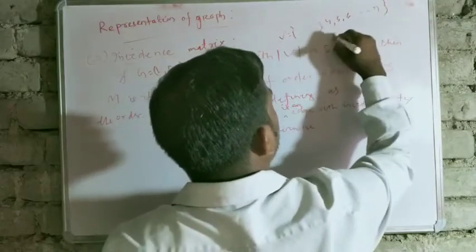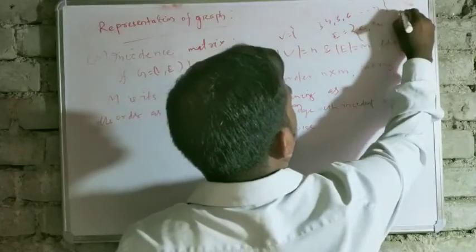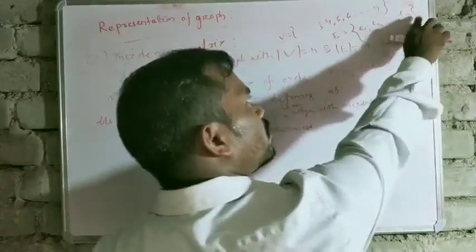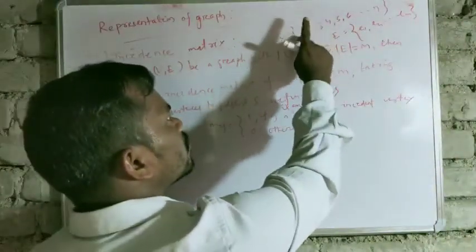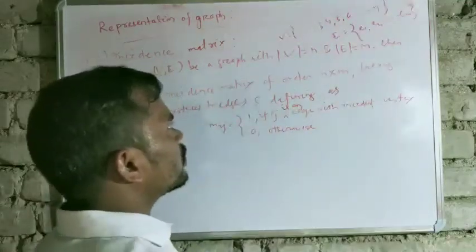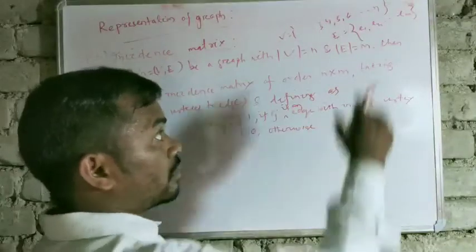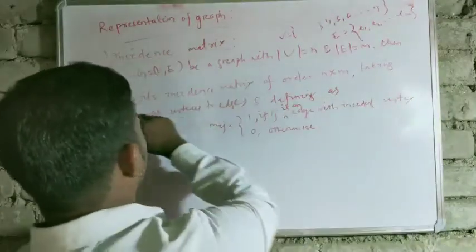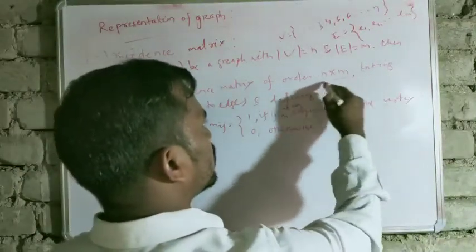Your edge set is E1, E2 up to Em. So there are m edges denoted by E1, E2 up to Em, and n vertices. Now its incidence matrix is M, whose order is n cross m.